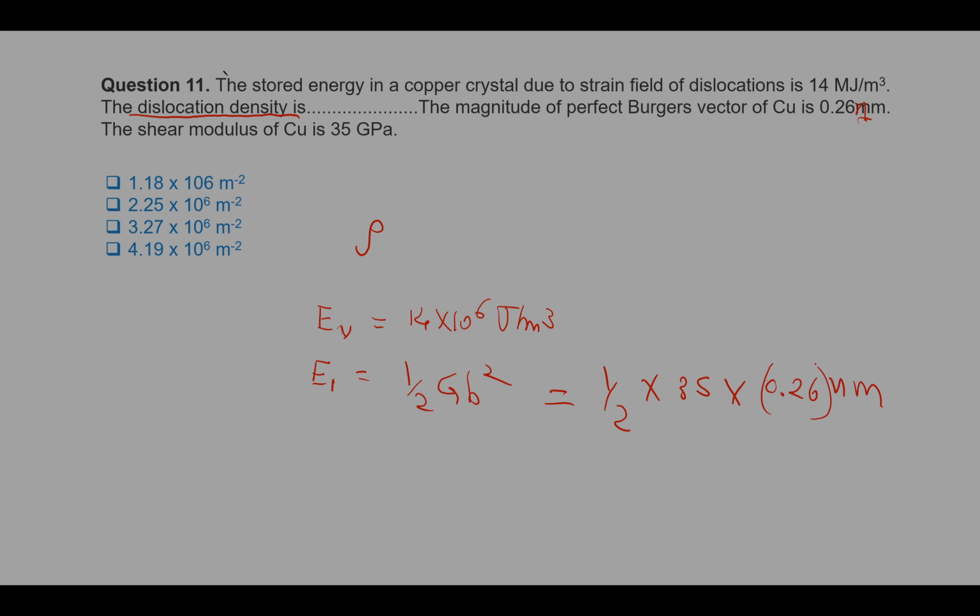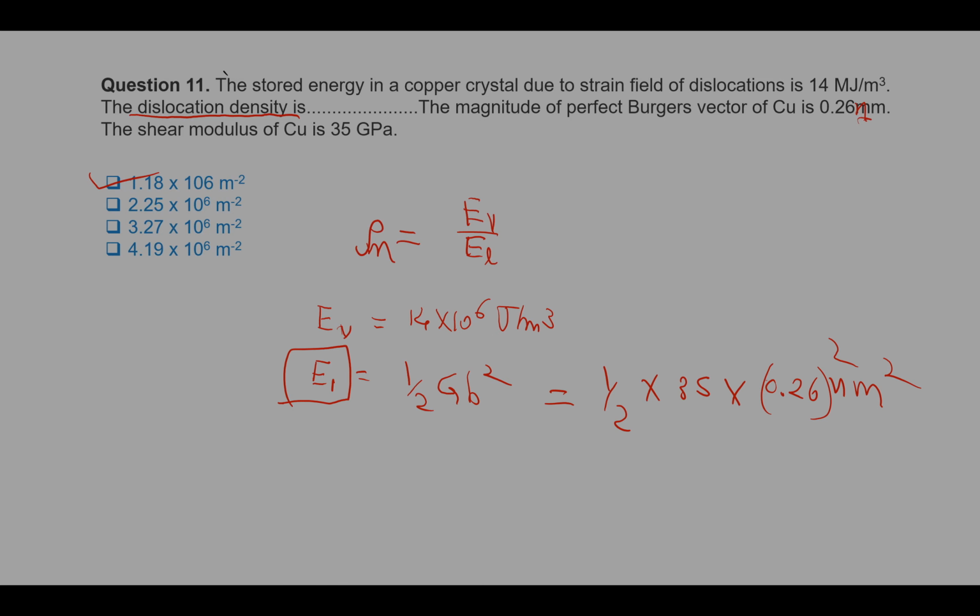So square, after converting the units, we'll get the value of E1 and we have to put these values into E V upon E L, the energy of volume over the dislocation energy, strain field of dislocation. Okay, and we are calculating rho. So after calculation, we'll get the answer that will be approximately this one.